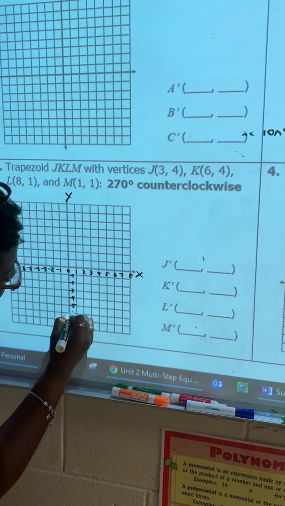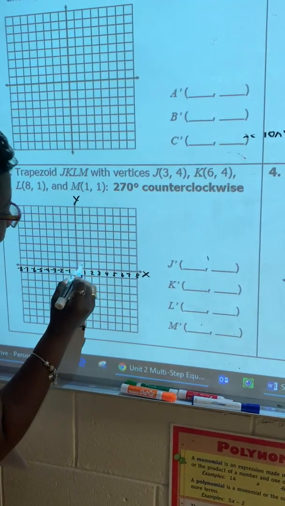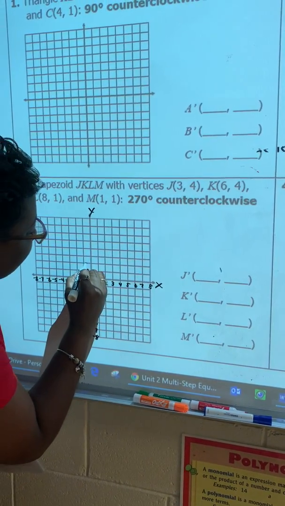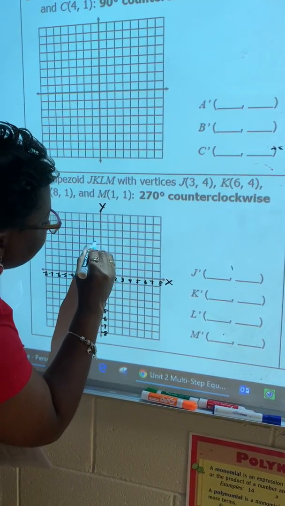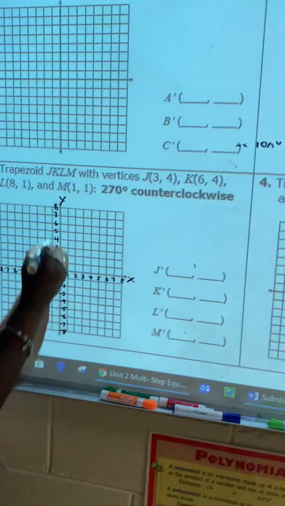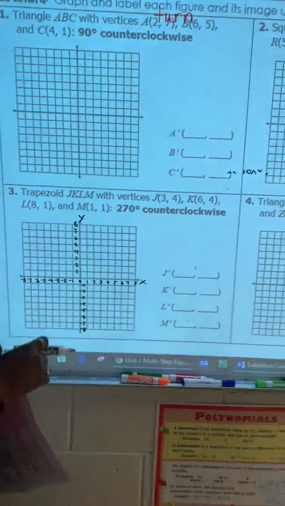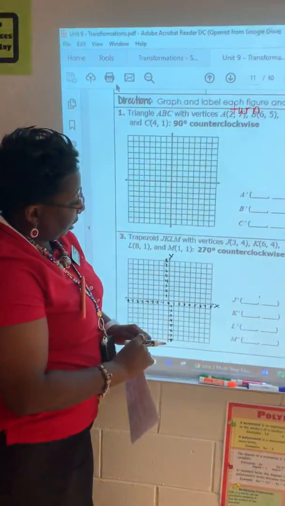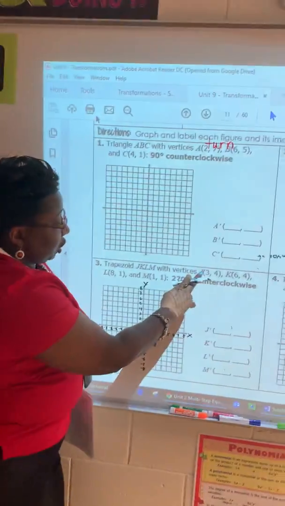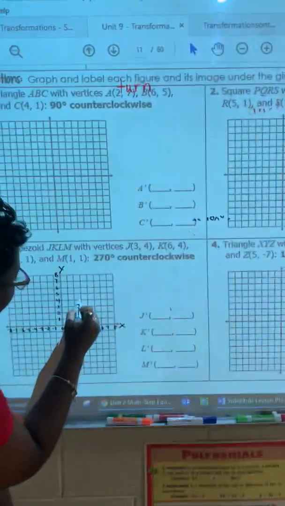So if you go ahead and number those number lines, it will help. Also, a few days ago, I sent you a picture of the coordinate grid. So if you're still having trouble with where to graph points, use those notes that I sent. Point J is 3, 4. I have a positive and a positive, so it should be in quadrant 1.